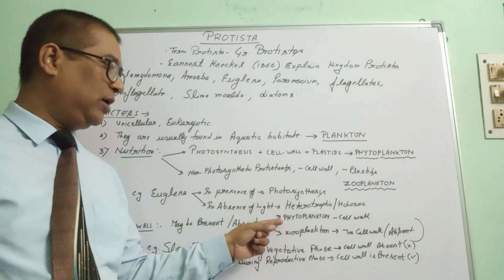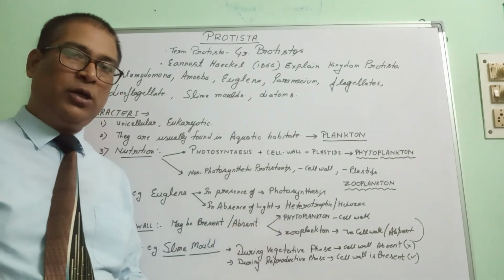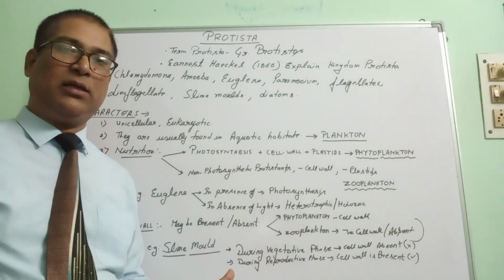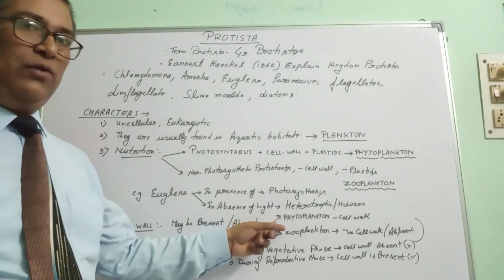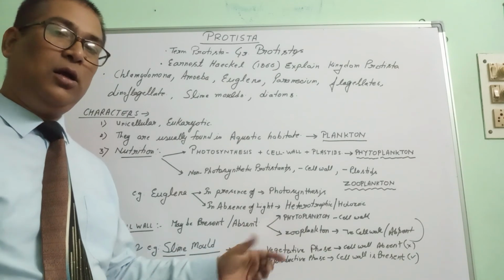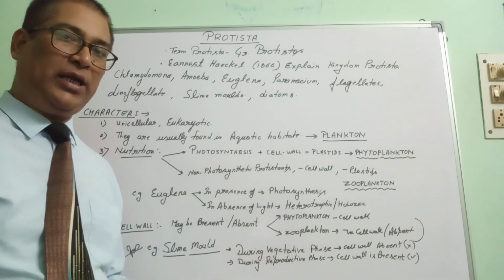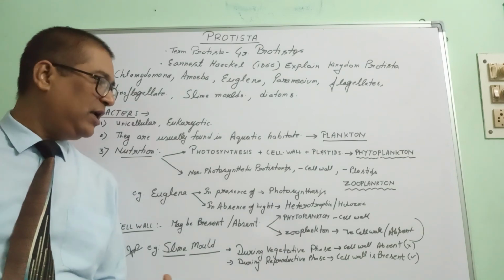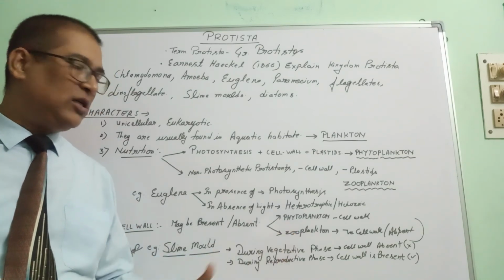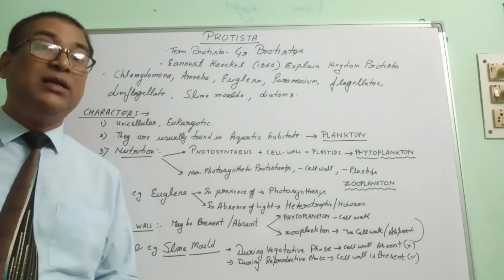Protistans which show the phytoplanktonic condition resemble plant cells, so they have the cell wall. And those who are holozoic and cannot synthesize their own food do not have the cell wall, they have the cell membrane.